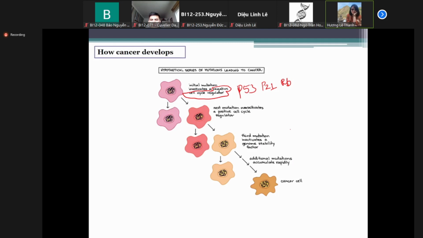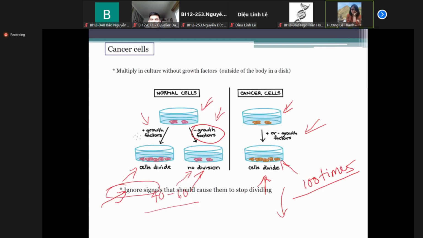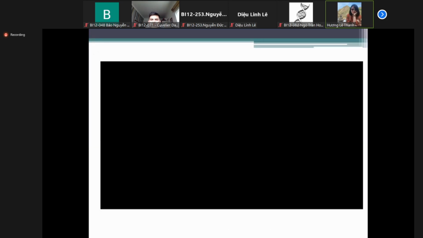And the next mutations overactivate the positive cell cycle regulators. Remember, CDKs and cyclins are positive cell cycle regulators. I will remind you a little bit about the cell cycle.